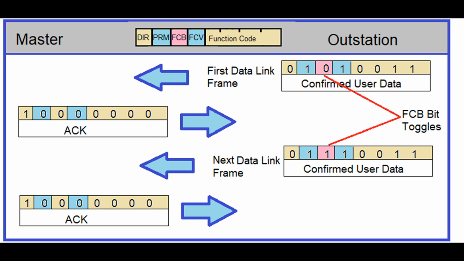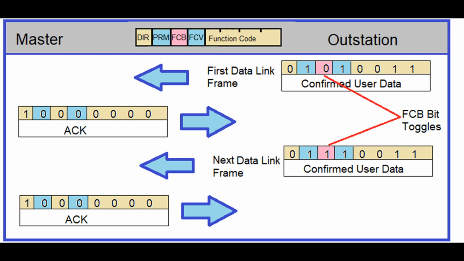The basic logic used to transmit a multi-frame message is: the outstation sends the first message to the master using confirmed user data and setting the FCB bit to what it thinks the master is expecting. The master receives the message and responds with a data link ACK. This is data link function code 0 and primary bit 0.